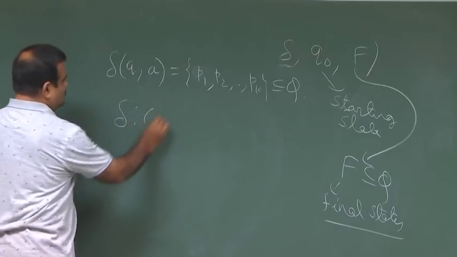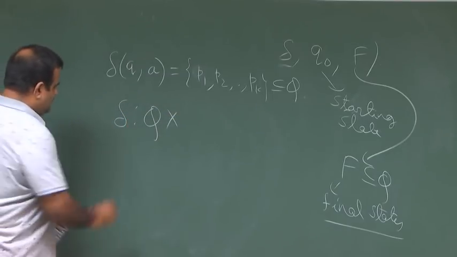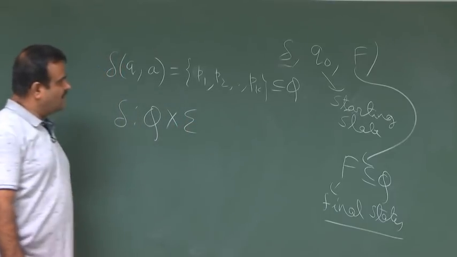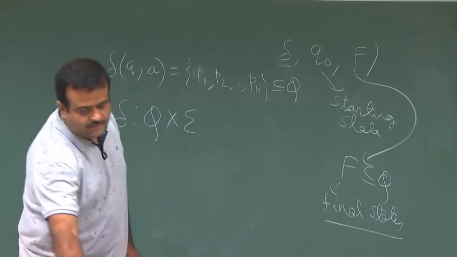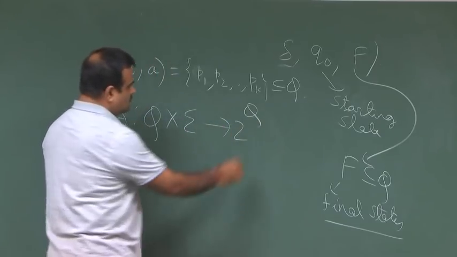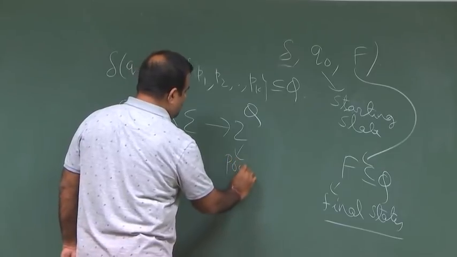Delta is a function which takes a state and an alphabet, and it goes to a subset of q. This is called the power set. We can denote this as power of q also.